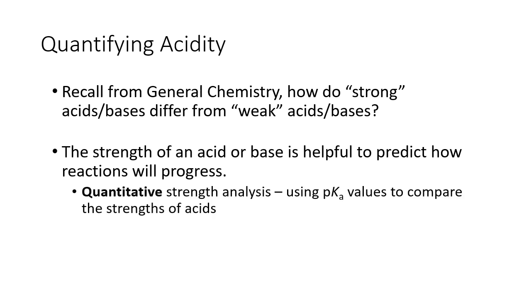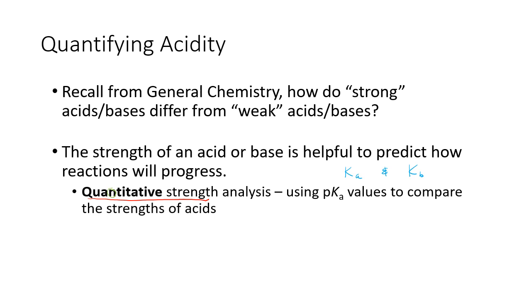We can talk about quantitative strength analysis. This is where we're using numerical values. That's why it's called quantitative. Notice the N right here, in order to analyze acid or base strength. You might recall from general chemistry, we talked about Kas and we talked about K sub Bs.